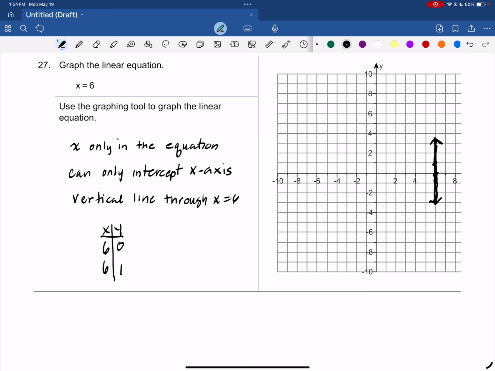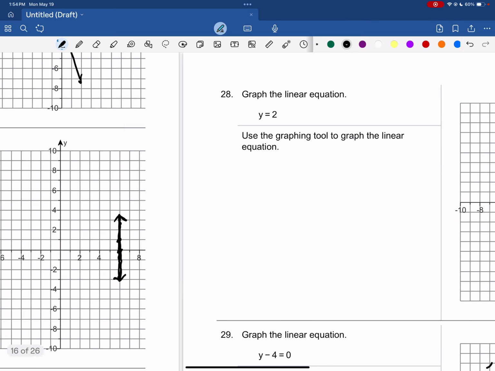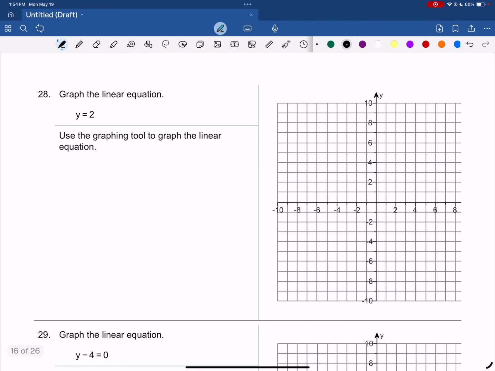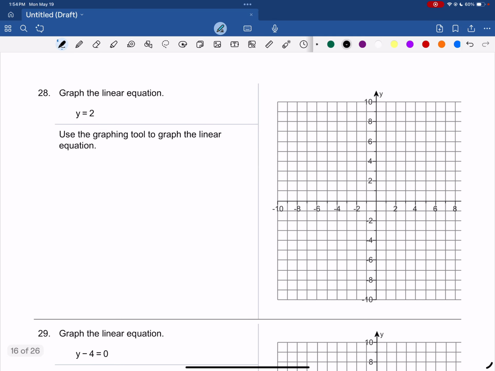So when you see x only in the equation, it can only touch x. If it's slanted at all, it would touch y, so it can't be slanted. It has to be vertical when it's x only. Here's a y only. Well, that's going to be your horizontal line. And so you could make a little chart, and let y be 2 and pick a couple of values for x. I just picked 1 and 3.